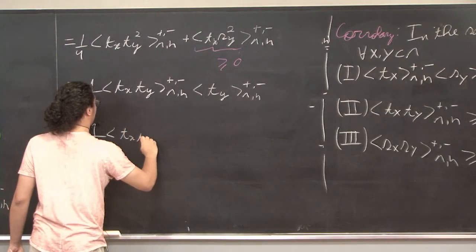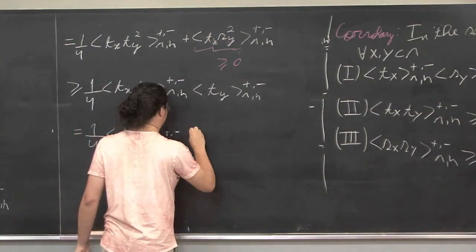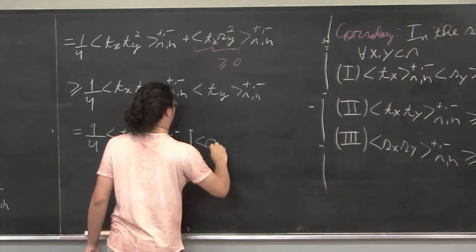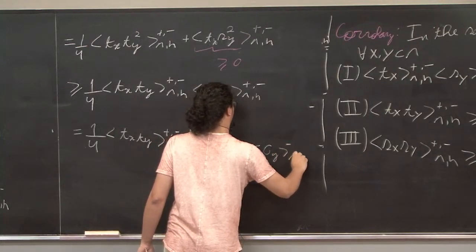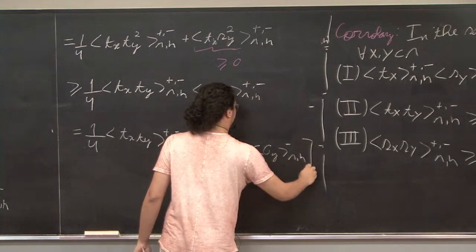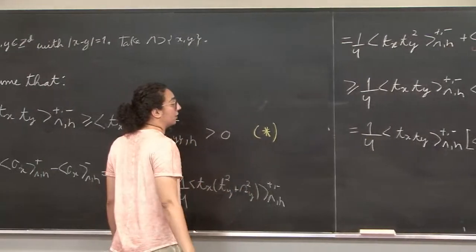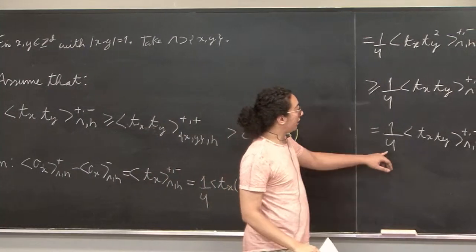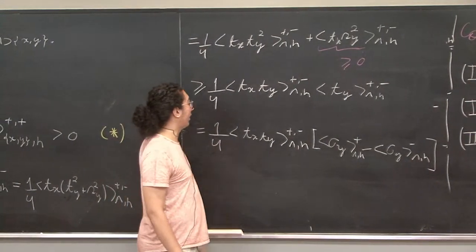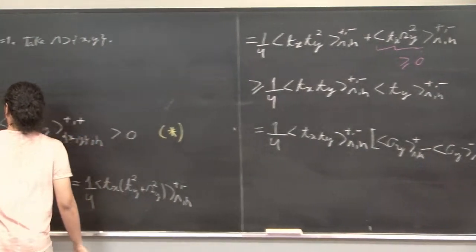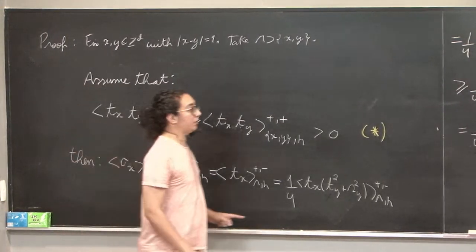T X, T Y plus minus lambda h. And here you have the difference of this y plus, y minus lambda h. Right. This means that as we are assuming this star equation, this thing here is strictly positive, right? Since this is strictly positive, and our upper bound is the difference on the magnetization, this means that when this is zero, this term here is zero.